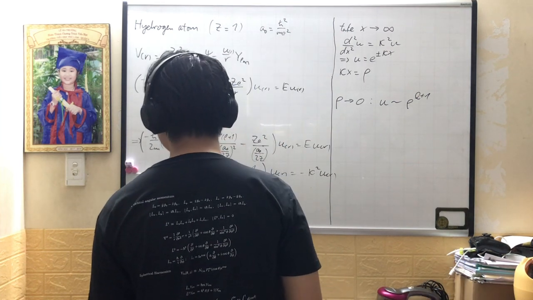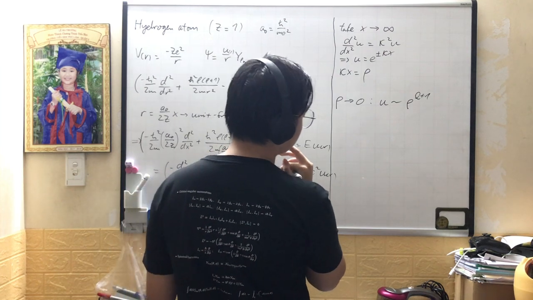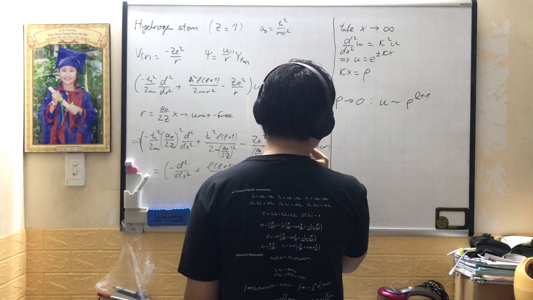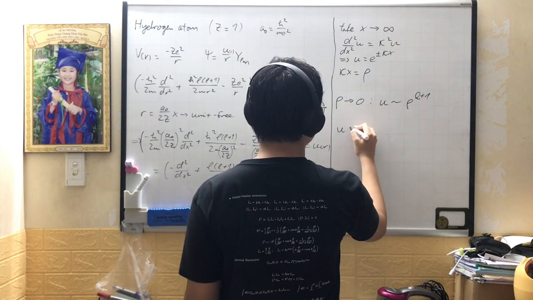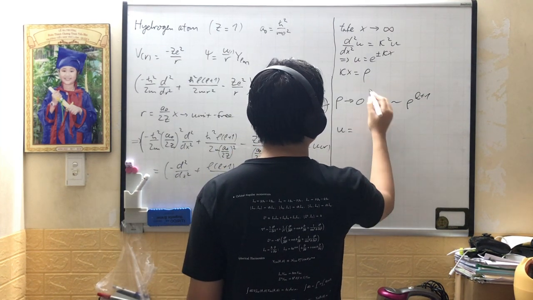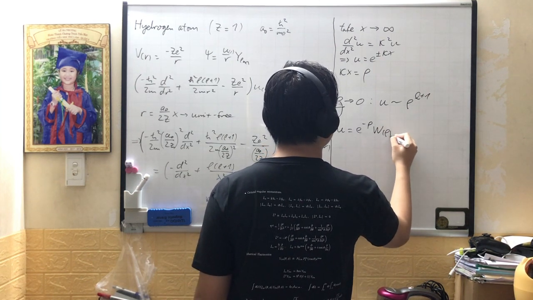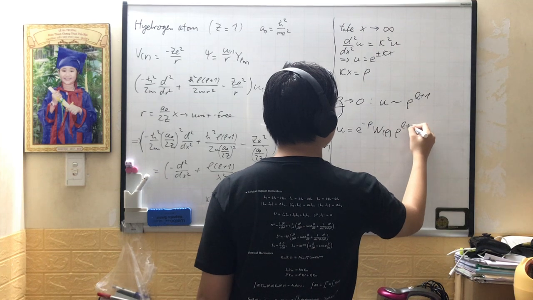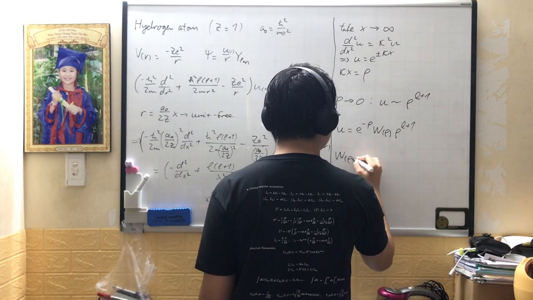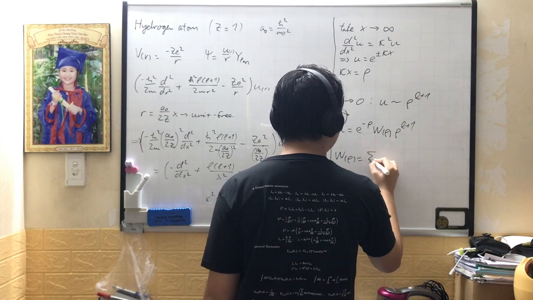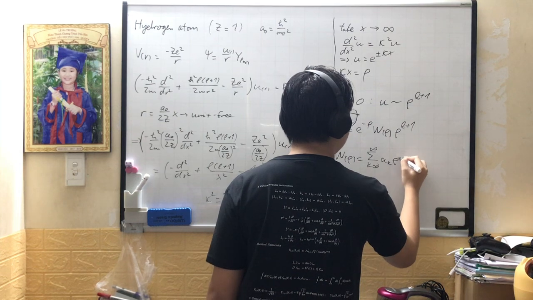Just as we did for our quantum harmonic oscillator, we're going to put a function here and hope that it would be simple. So your u is now equal to your function of rho times what you need, and of course this function is going to be put into a series from 0 to infinity, a_k rho to the k.